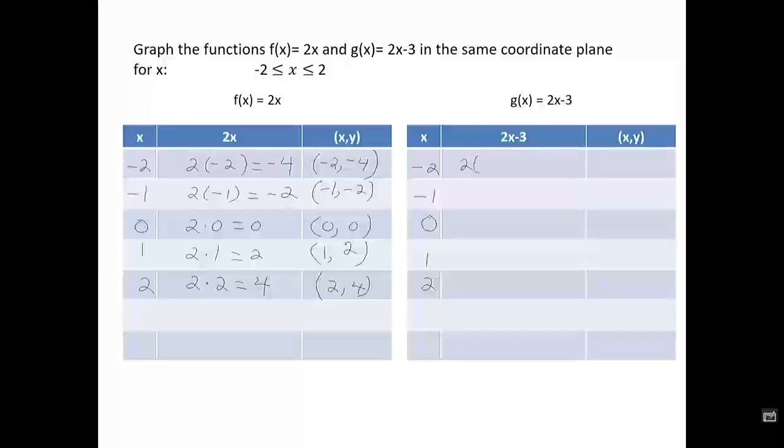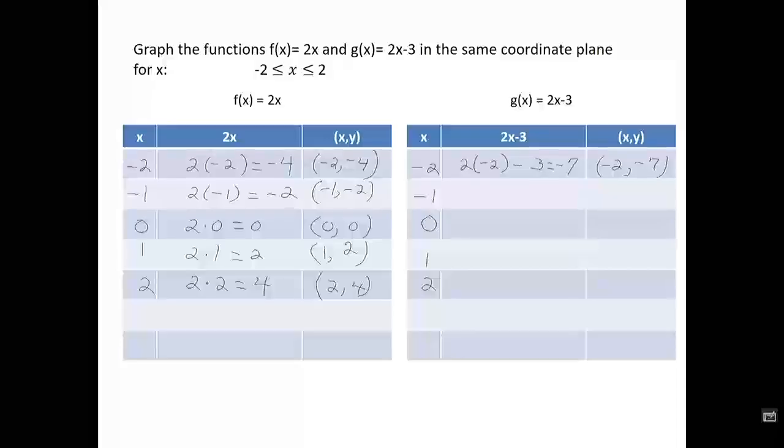So that's 2 times -2 and subtract 3. 2 times -2 is -4. -4 plus -3 is -7. So the corresponding ordered pair is (-2, -7).